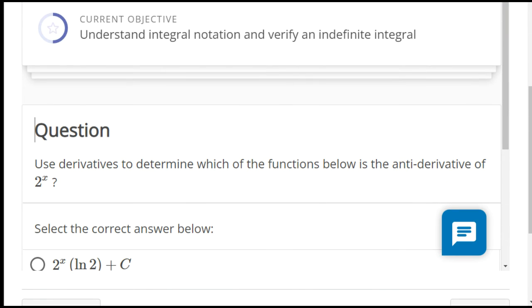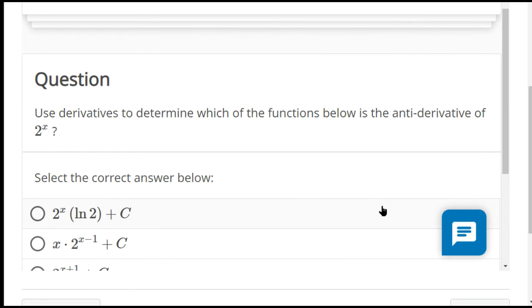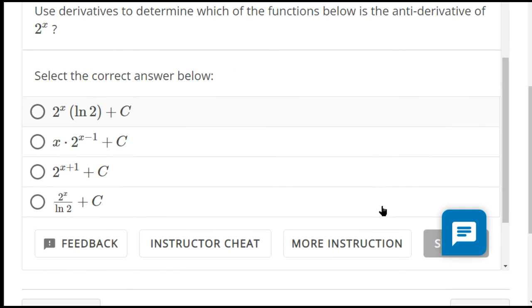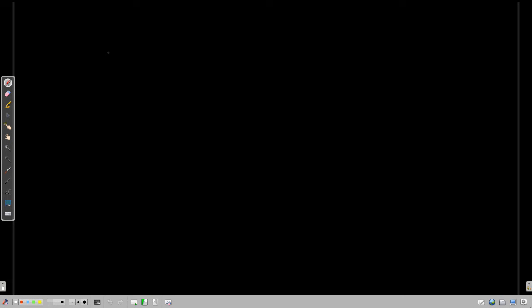36% mastery. Use derivatives to determine which of the functions below is the antiderivative of 2 to the x. It's right there. Pretty sure, right? Because that is 2 to the x times this constant.